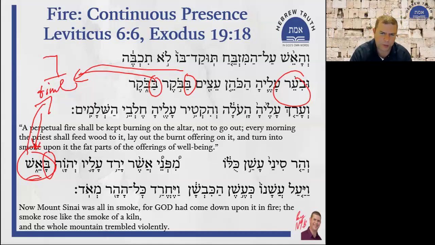The idea of fire that keeps burning is something that we have very strongly in our various cultures. You can think about the runners of the Olympic Games that start the Olympic fire, and they run with this torch from one place to another, keeping it burning and so forth.